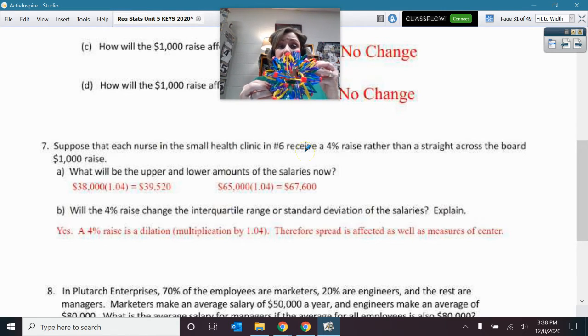So it will affect the spread because the bigger the salary, the bigger the raise. So it's this multiplication factor. We now have different upper and lower values, and that will affect the IQR and the standard deviation because that's a multiplication of 1.04.